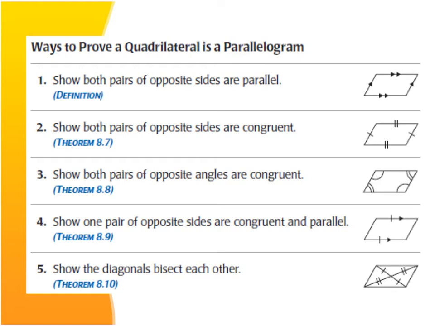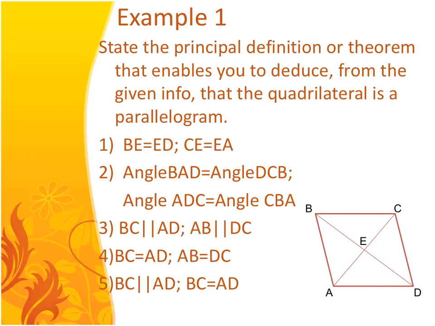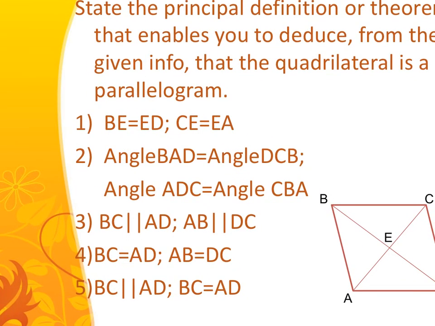Now on the next slide, we're going to apply all of this. So here, they want us to either restate the theorem, or if it's the definition of a parallelogram, you could just put that. So for the first one, I'm going to add congruency marks here. It's kind of hard to make a congruency symbol with PowerPoint.